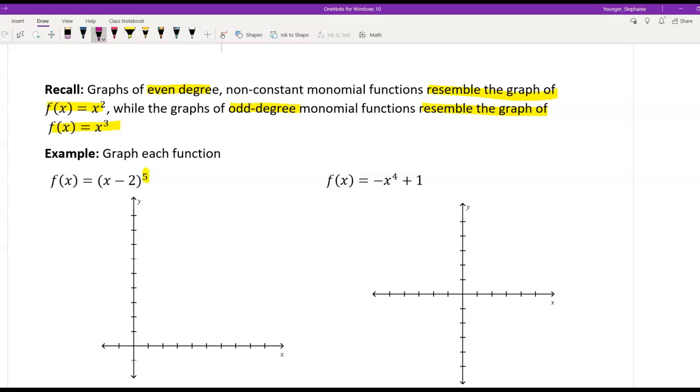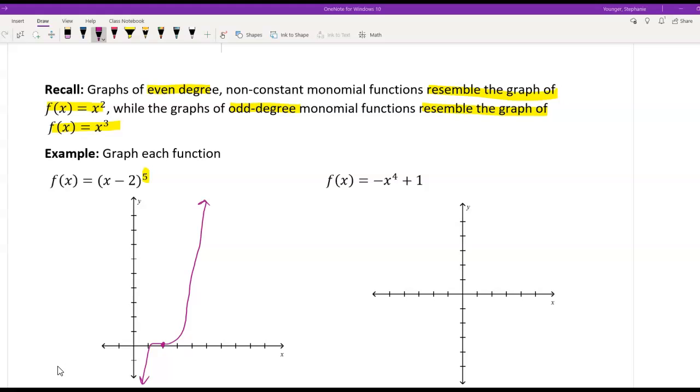So I know that I'm going to be somewhere around this area probably. And I know that I'm going to be wider before going up and wider before going down. Very rough graph. It is what we call a rough sketch.